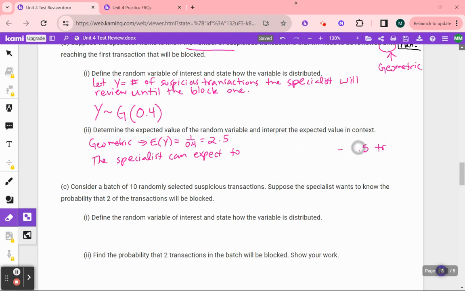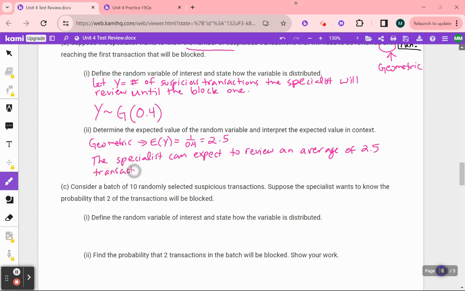The specialist can expect to review an average of 2.5 transactions until they block one.